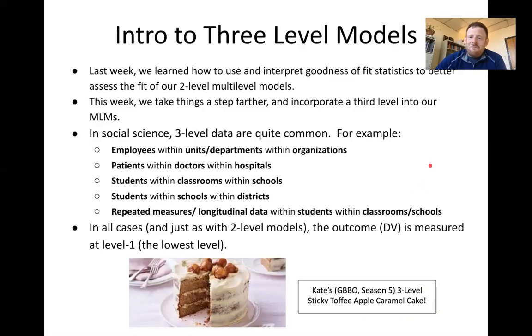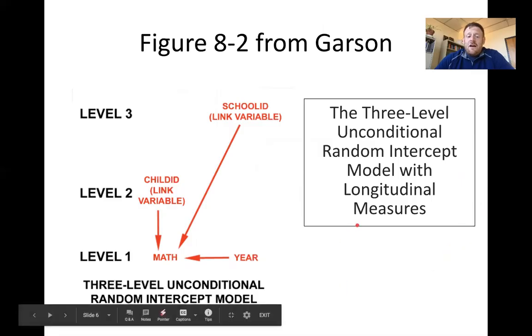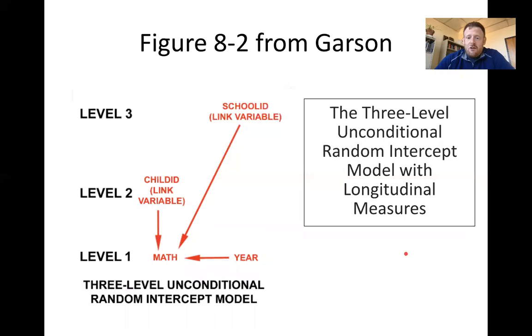Okay, so Garson, as usual, has a nice diagram, and this comes from chapter 8, which is the assigned reading for this week in Garson. Just as in a two-level model, you can represent a three-level model with a similar diagram.